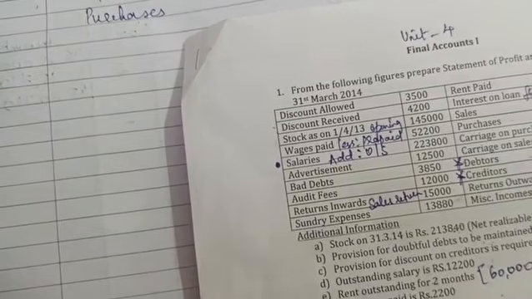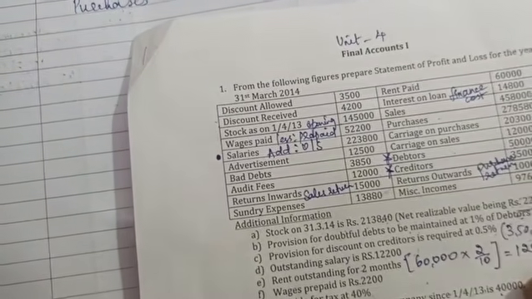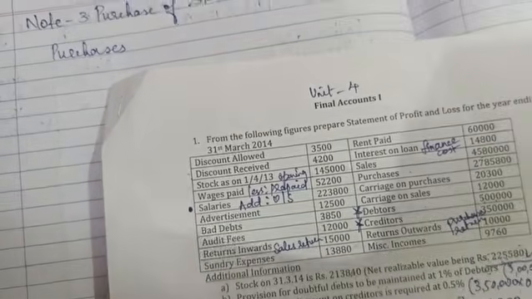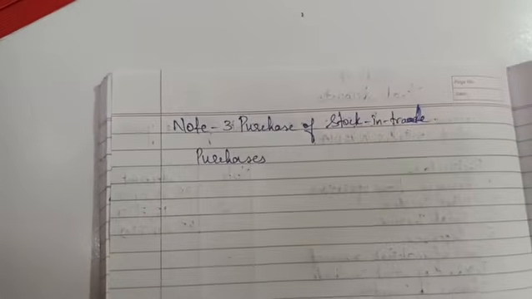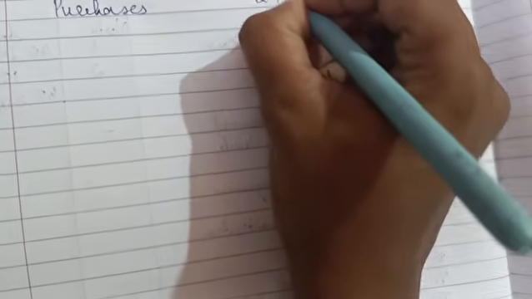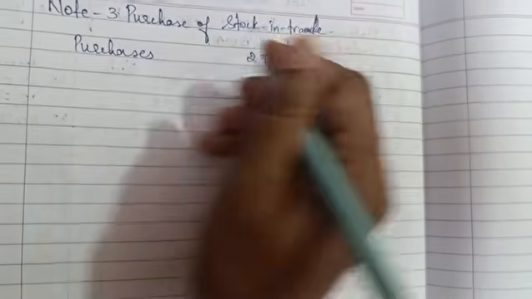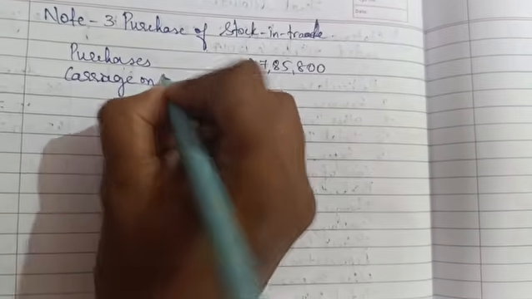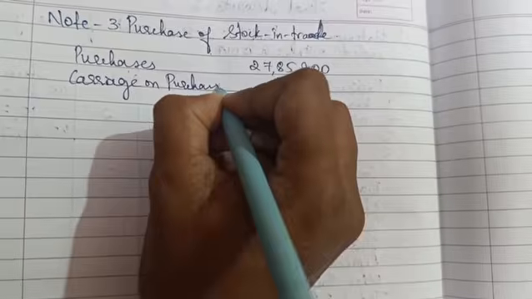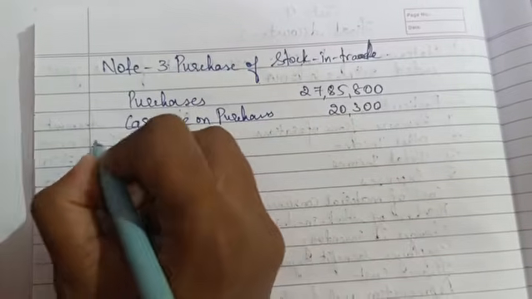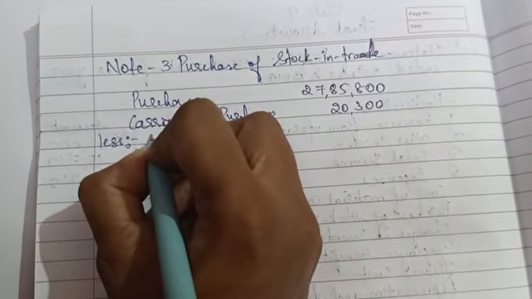Purchases we have 27 lakhs 85,800, and out of which we have carriage on purchase, that is 20,300, and we have to make it less now whatever is our purchase returns.